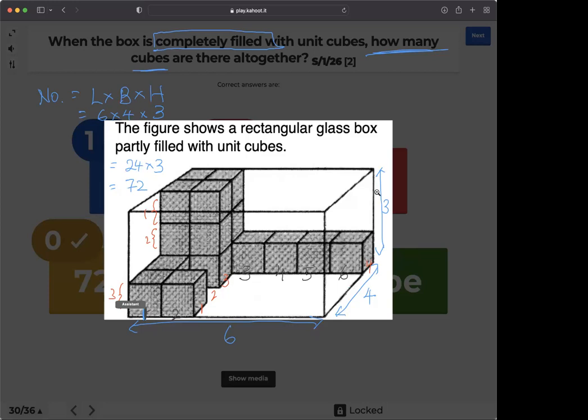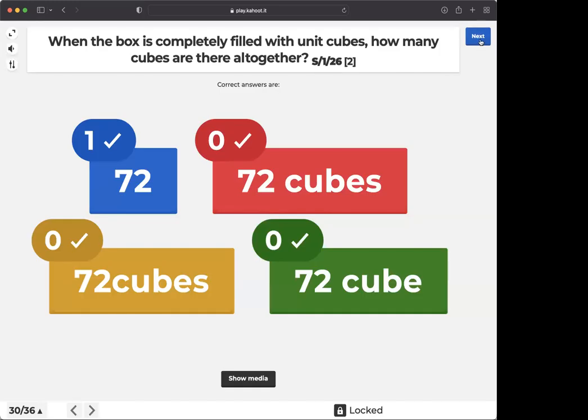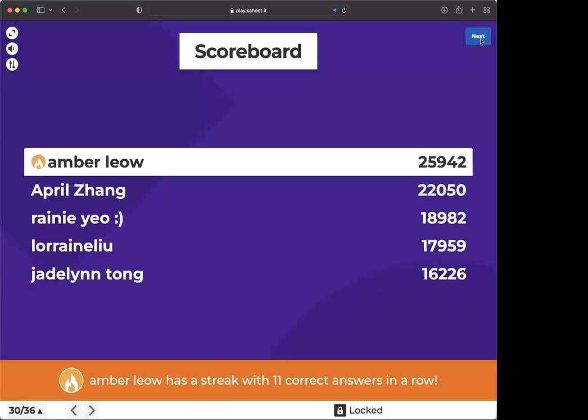So are you all clear about this? Can you all visualize? Give me a feedback, yes or no. Can visualize now? And why the answer is 72? Only one person can see. The rest of you there? Okay, next question. Amber is doing very well. Well done, Amber.